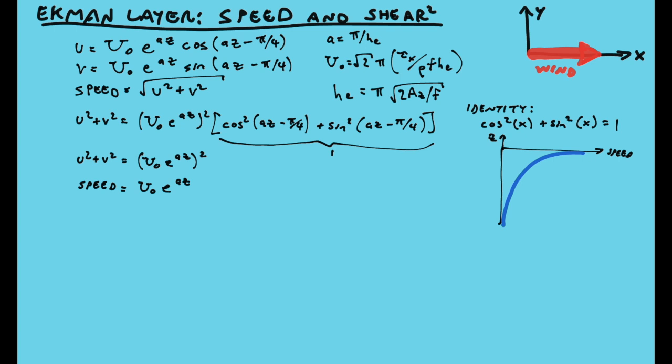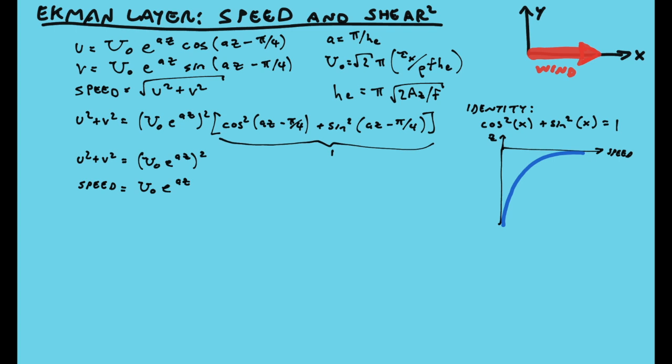We can use the trigonometric identity, cosine squared plus sine squared equals 1, to realize everything in that square brackets is 1. That's a great simplification, and it allows us to write u squared plus v squared as u naught times e to the Az and that whole quantity squared.